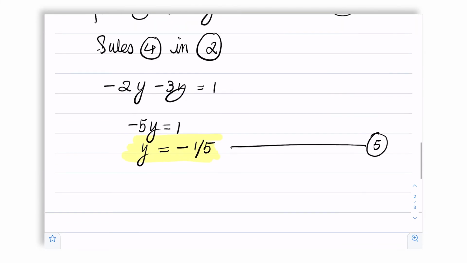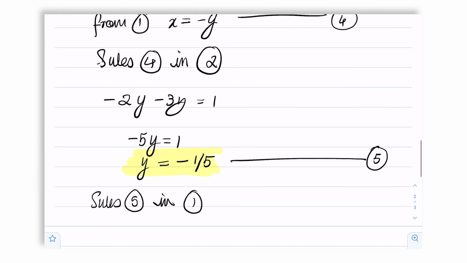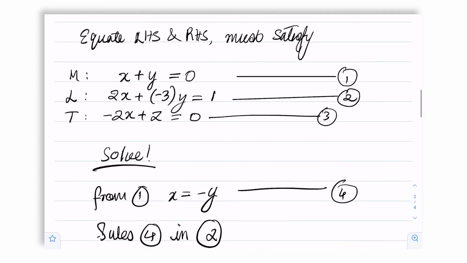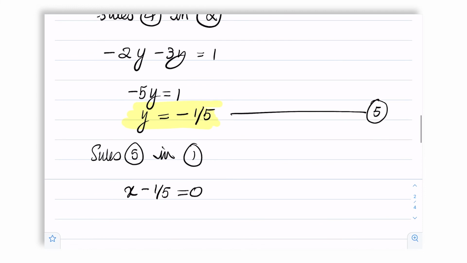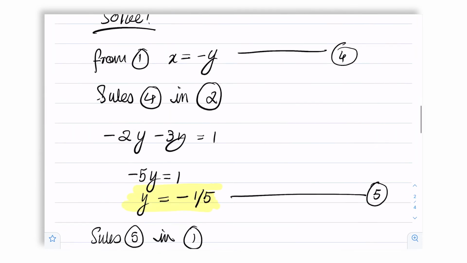Now we can substitute this back into 1 and write down x minus 1 by 5 is equal to 0. Therefore, x is equal to plus 1 by 5. This is our second solution. And now we substitute 6 in the last equation, which is the only term with z.